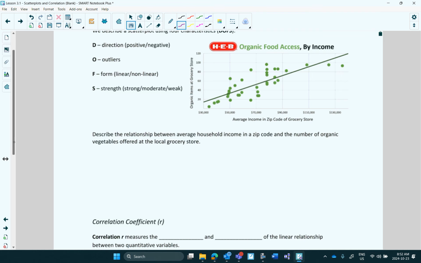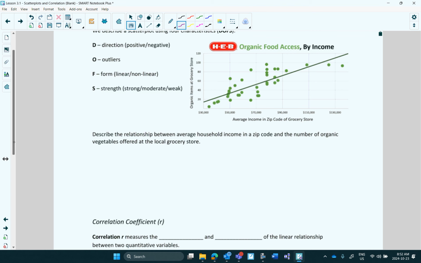So I want to, and you can usually do this in 1 or 2 sentences, write a sentence that's somehow going to incorporate all these factors for this HEB data, the household income and the organic food items offered.